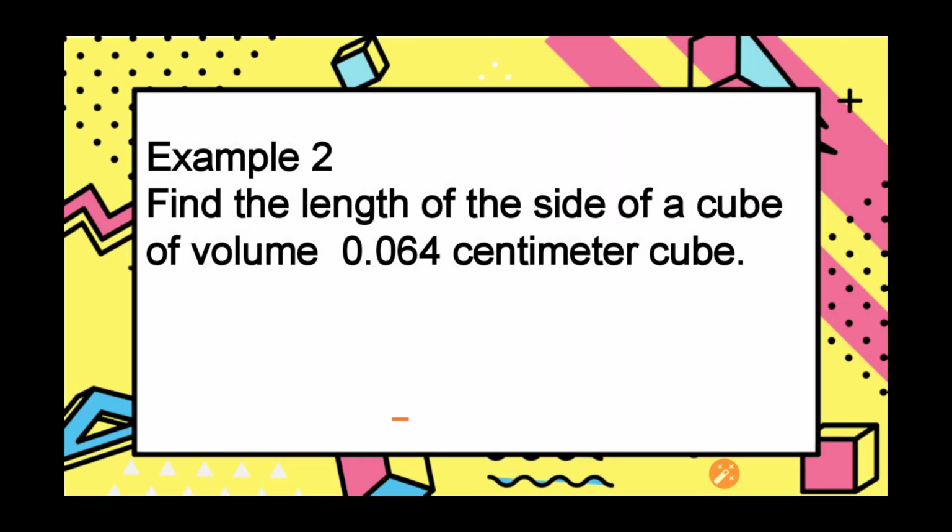Example 2. Find the length of the side of a cube of volume 0.064 centimeter cube. The volume is in what? Decimal. So I go right away. What should be the first thing I do? I write down my what? Formula. Good.